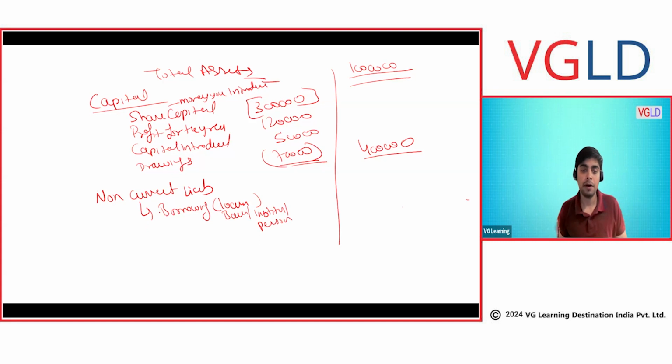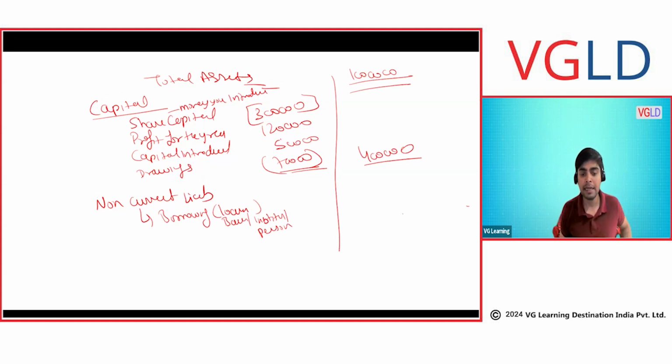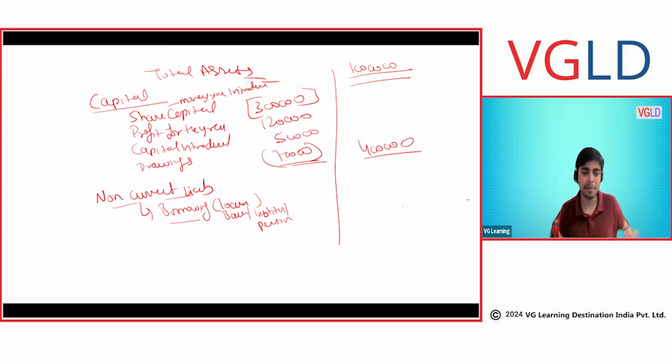What else do we have in the borrowings? Currently, let's go with the borrowings. There are multiple sections, but we will not introduce provisions and all that. Then we will have current liability.